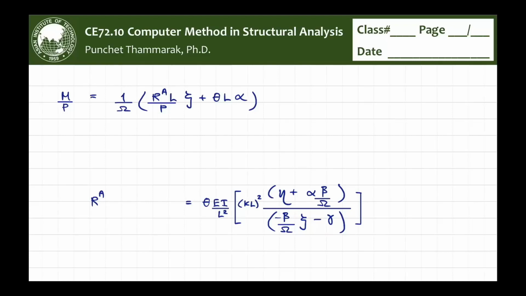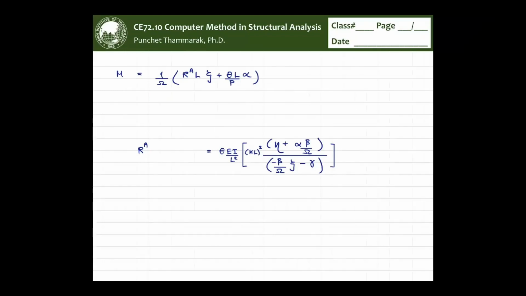So we need to substitute the RA. I will first clean up the P. The P is gone over here, and the RA will be substituted by this whole thing.